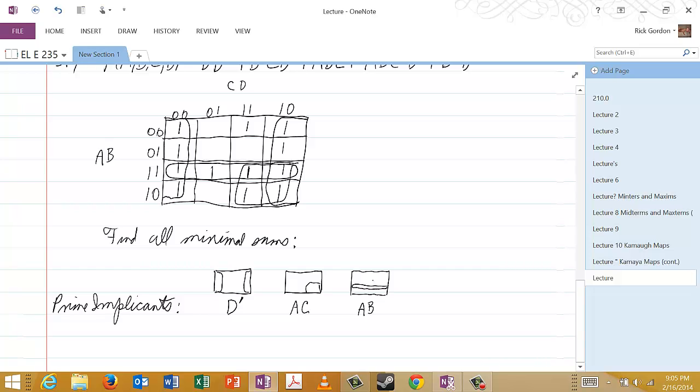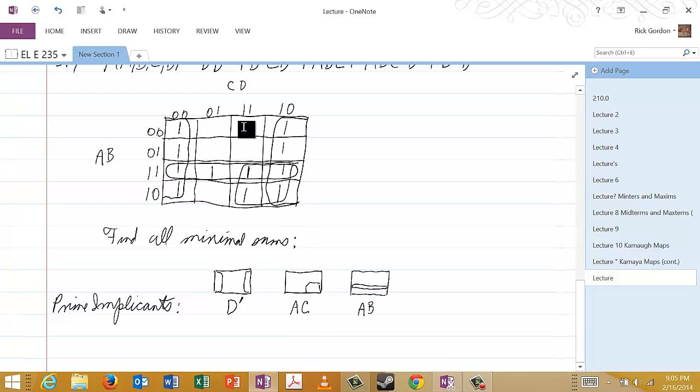Now, do we have any other groupings of size 4 that are not completely contained within the grouping that we already have? And this is a very tricky one to see, but the answer is yes, we do. And it is right here.